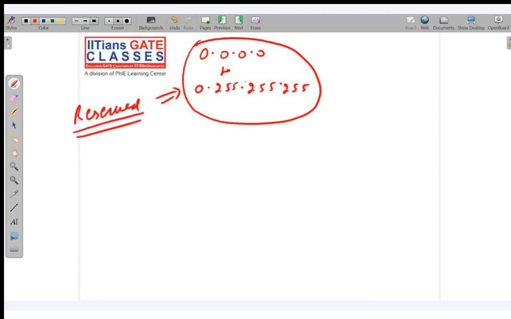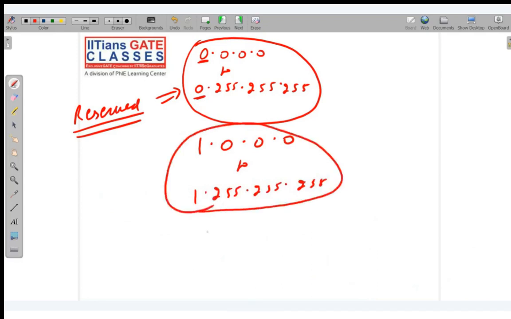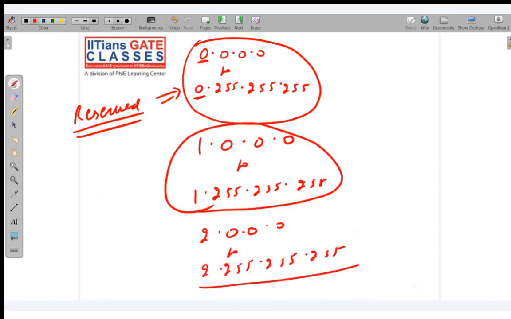And the last block, what will be the last block? See this, here we have 0. Now after that what will we have? 1.0.0.0 to 1.255.255.255. Are you getting it now? Next will be 2.0.0.0 to 2.255.255.255.